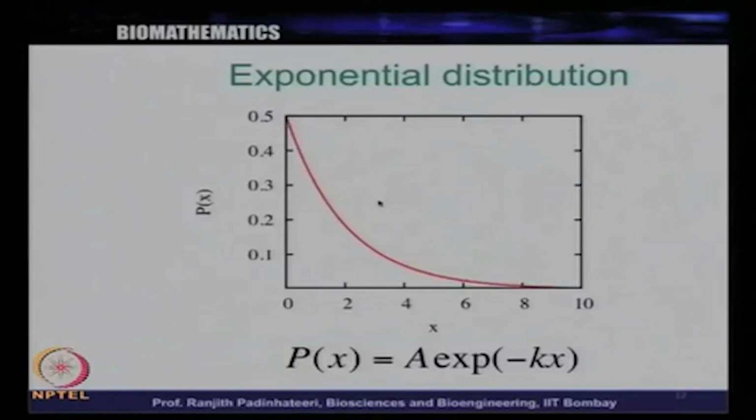Now, if you have such a distribution, what are its properties, like the average, the standard deviation, and so on? That is what we want to discuss here. So, first, if you have p of x is a e power minus kx, the first question is surely what is a?